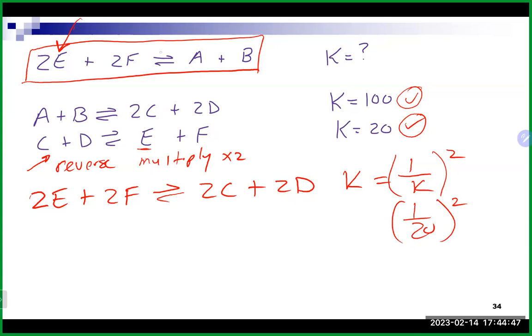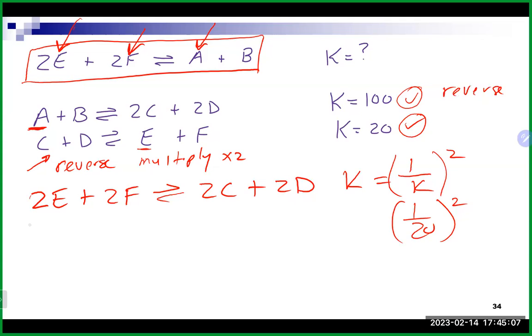Now that takes care of getting E to the correct side. That also takes care of getting F to the correct side. So the next thing I want to look at is A. A is on the right-hand side, but in the first equation, A is on the left-hand side. So I do need to reverse the first equation, and that's really all I need to do on that one.